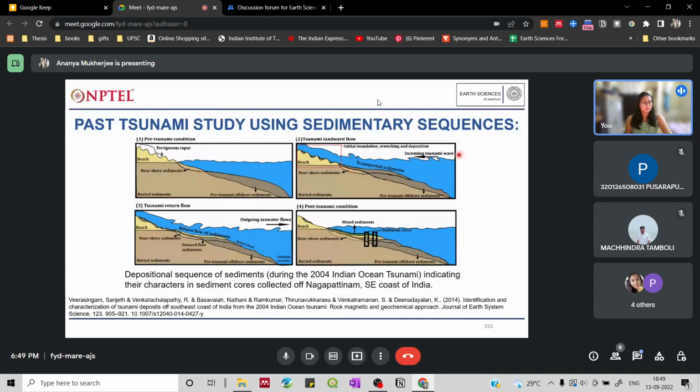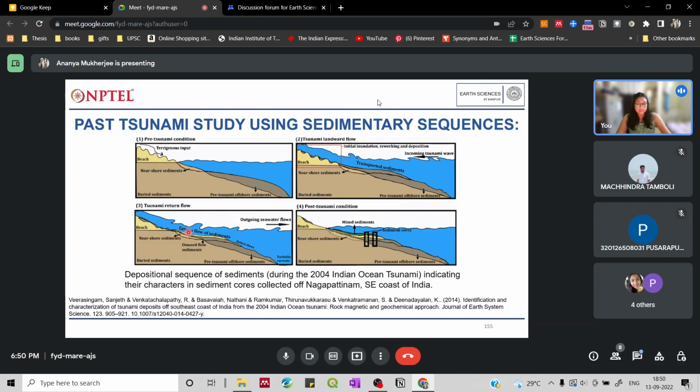Since the incoming tsunami is traveling towards the shore, it displaces the water here. It will rework the place where it had just caused erosion. It will start depositing the sediments that are found in the offshore part, being brought towards the shore. So it will start traveling here, and then you have the deposition.